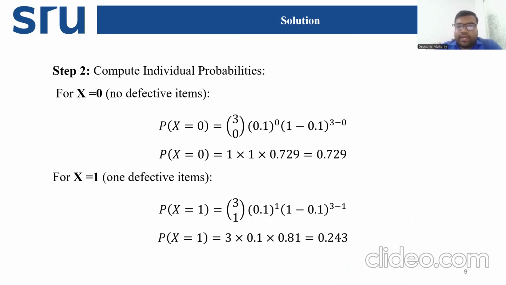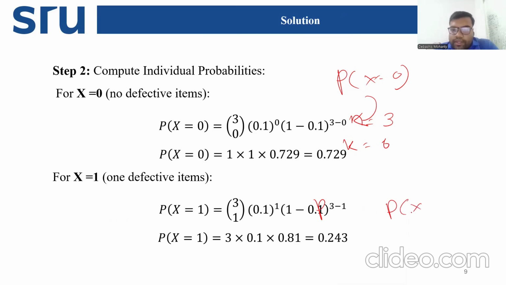Next, coming to the solution. In the first case, we consider the probability of X equals 0. The number of trials is n equals 3, and the k value is equal to 0.